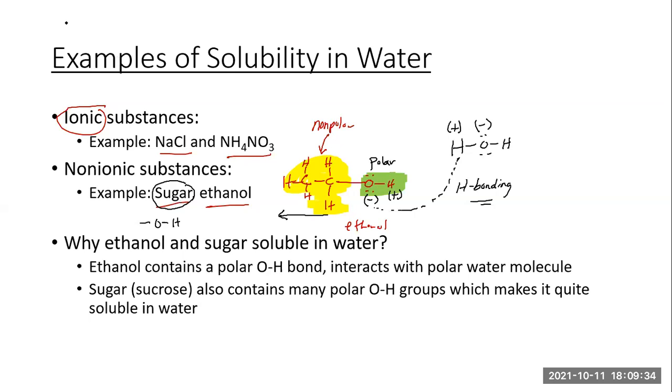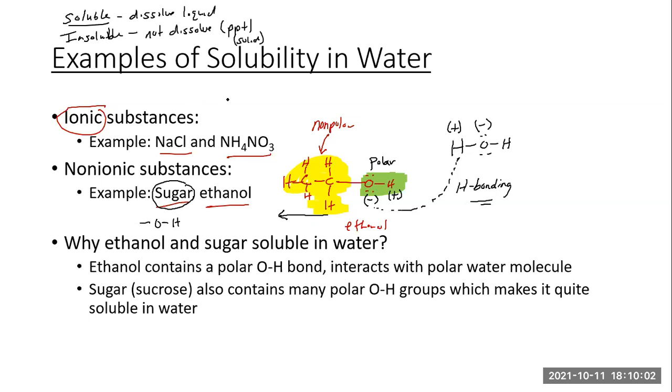So if something is soluble, we oftentimes will use a couple of different words. Soluble usually means that, if it's a solid, it will dissolve in a liquid like water. If it's insoluble, it means typically that it will not dissolve, and you would expect a precipitate or a solid to form.